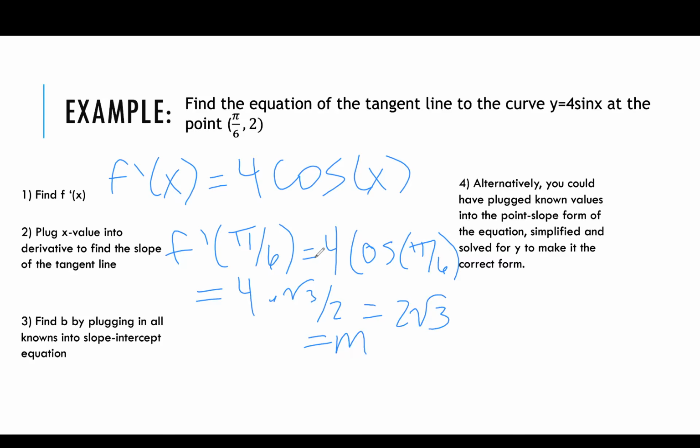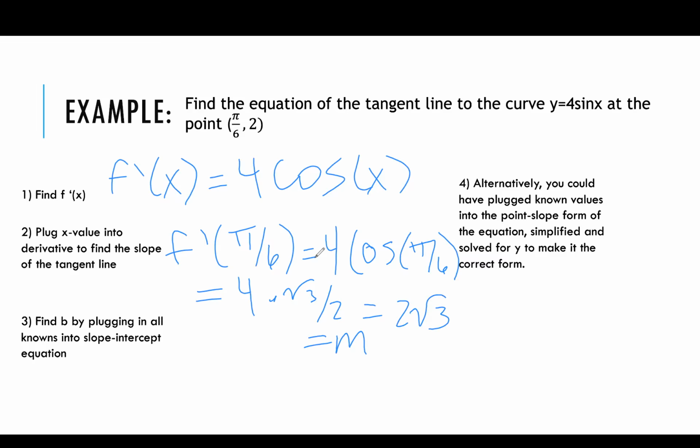Okay, now there's two different ways that you can find your b, or find the rest of your equation. The first way I'm going to show you is by using the slope-intercept form of an equation of a line, where you plug in your slope, your x value, your y value, and then solve for b.